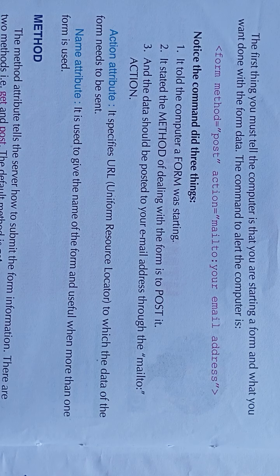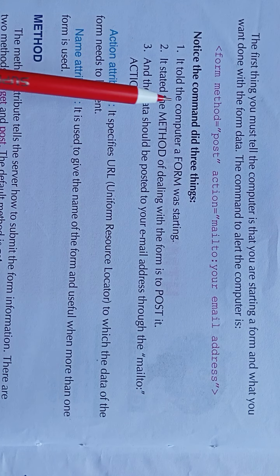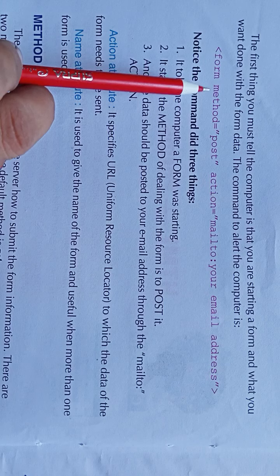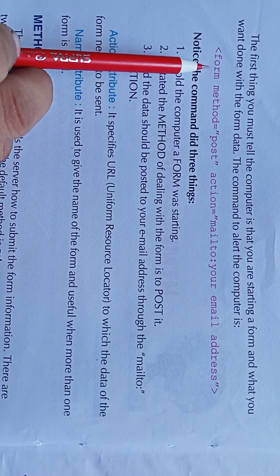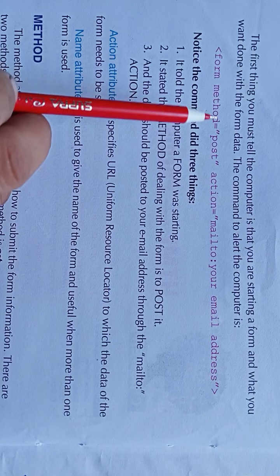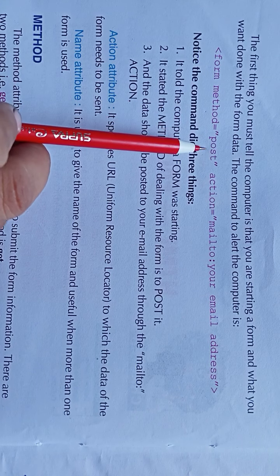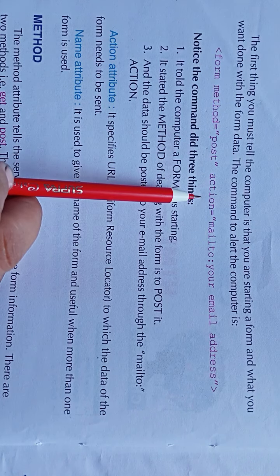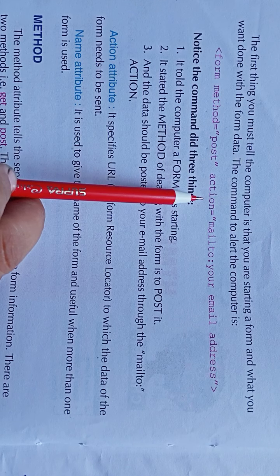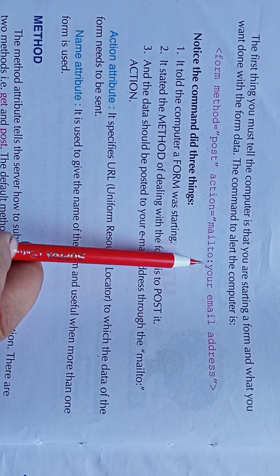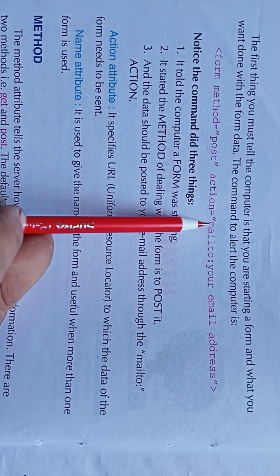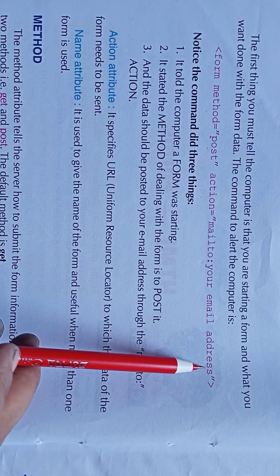That all has to be specified. And how is that done? That is done by using the form method. First you write form, then method equals post, and then action. What action on the information has to be done? Here the action is mailto. That means whatever information has been filled in the form will be mailed to the mailing address.